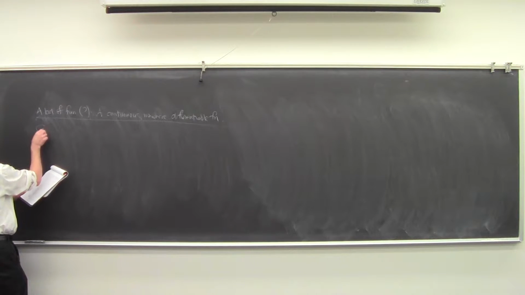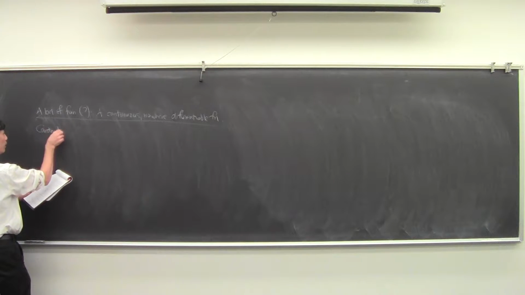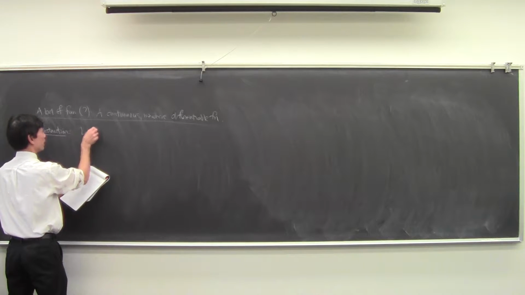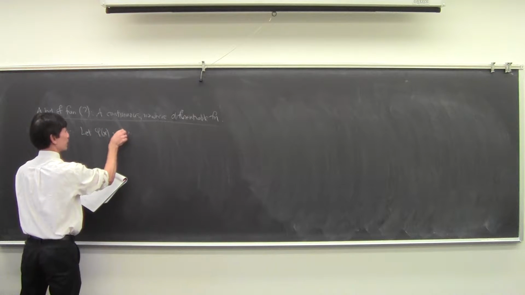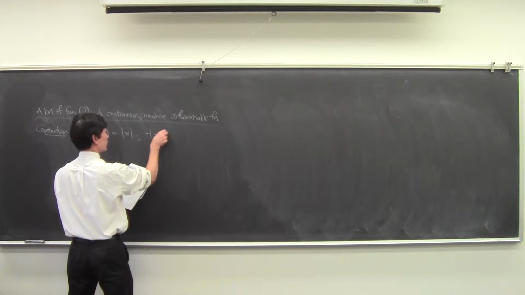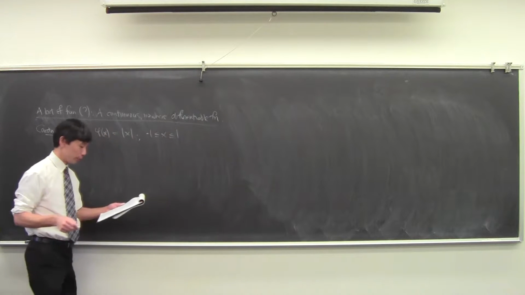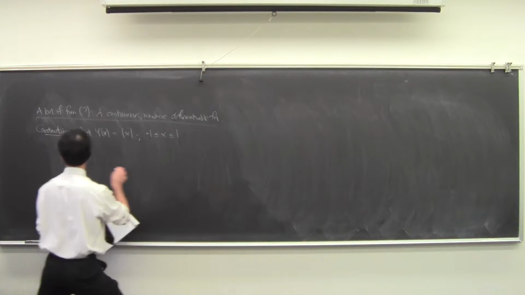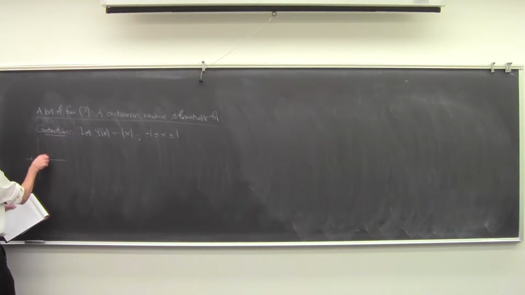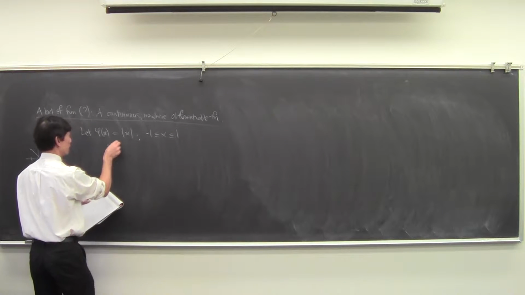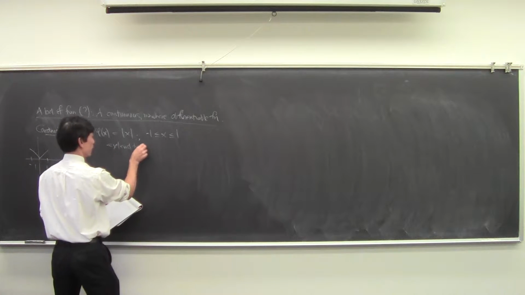So here's the construction. Let's start off with the absolute value function, but let's restrain it to the domain between -1 and 1. And then you extend it to a periodic function.